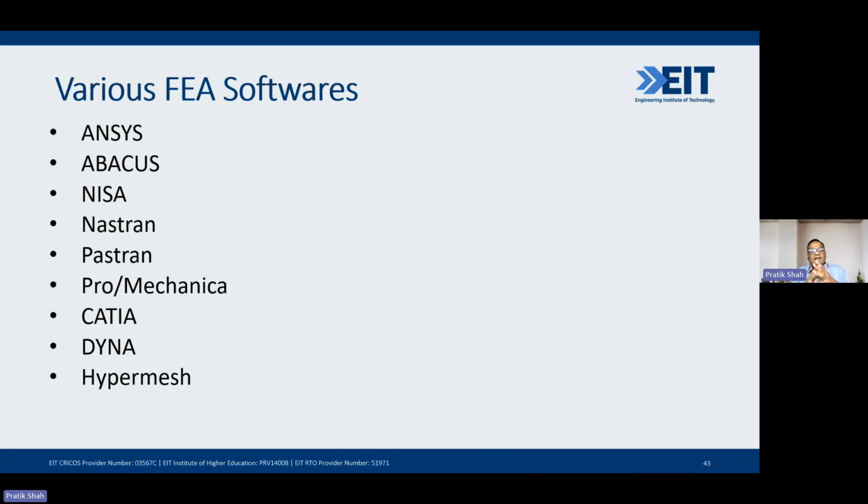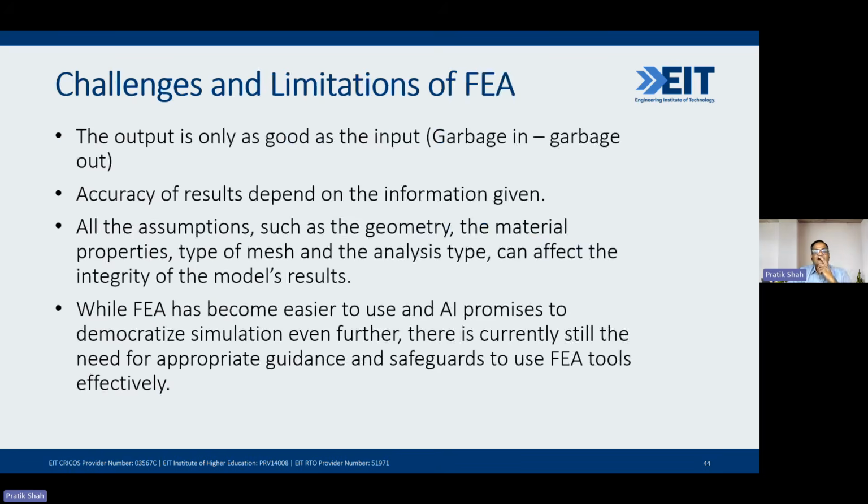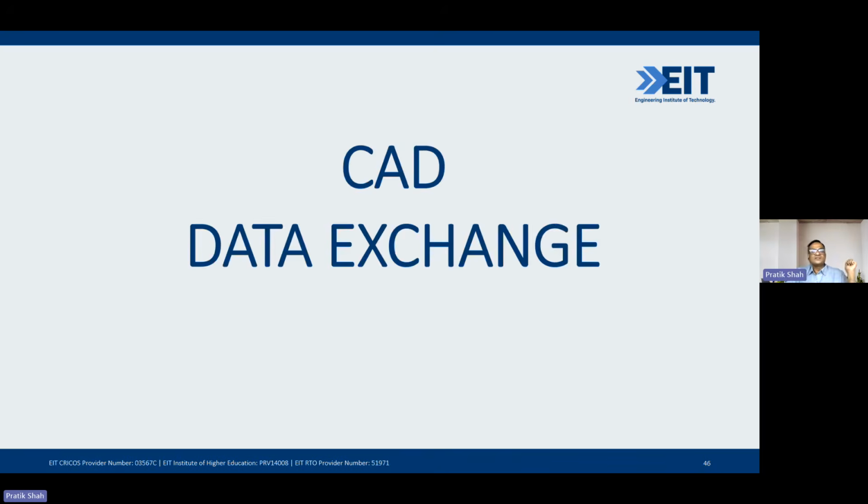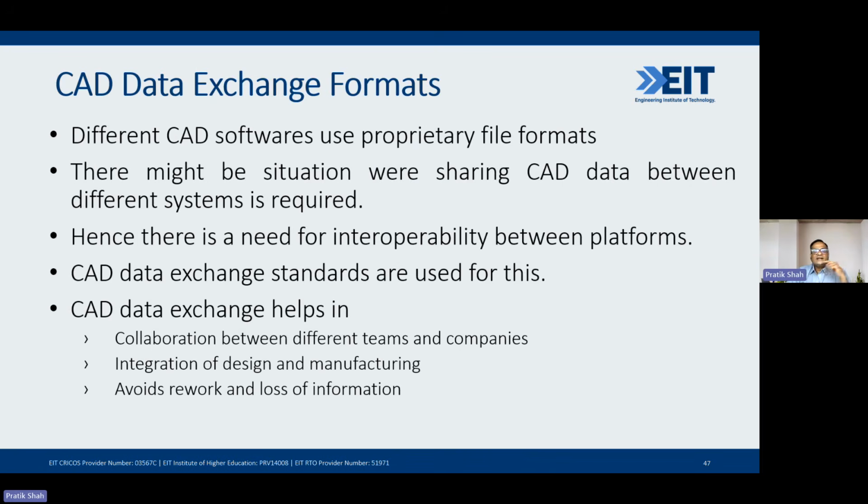When I say modeling software, CATIA, Creo, SolidWorks, Fusion 360, all of them are very good in modeling, but they have got limitations when we come to analysis. So a model created in this software has to be imported into analysis software. That is where CAD data exchange standards come into the picture. They are basically used for collaboration between different teams and companies.